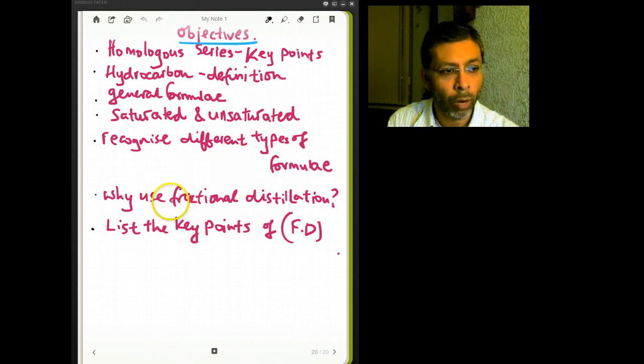We now know why we use fractional distillation, because all the different fractions have different boiling points, so we can separate the different parts of crude oil into its useful parts. And we also know the key points to note when writing about fractional distillation in an exam. Right, and that was this little video.